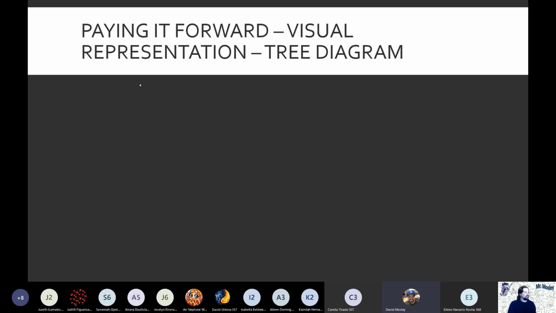So in his diagram, it started with 1 person, right? And that 1 person helped 3 people. Each of these people helps 3 more.